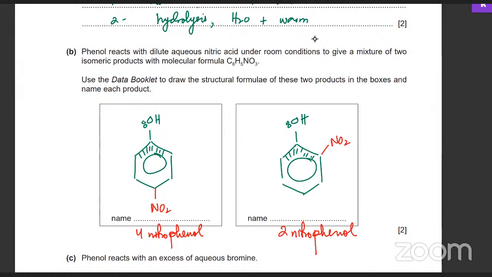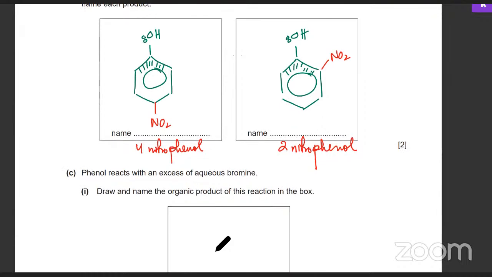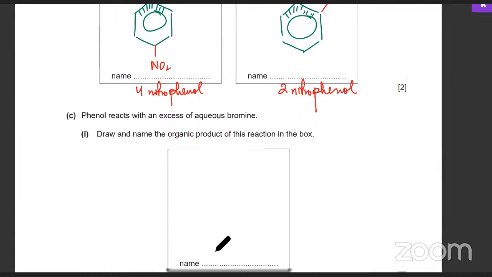Because in the data booklet it used to be written, now you don't have a data booklet, by the way. In the data booklet, they actually told you exactly which ones are 2,4,6 directing groups and which ones are 3,5 directing groups. But even in that case, you don't need to refer to the data booklet because you already know it's 2,4,6.